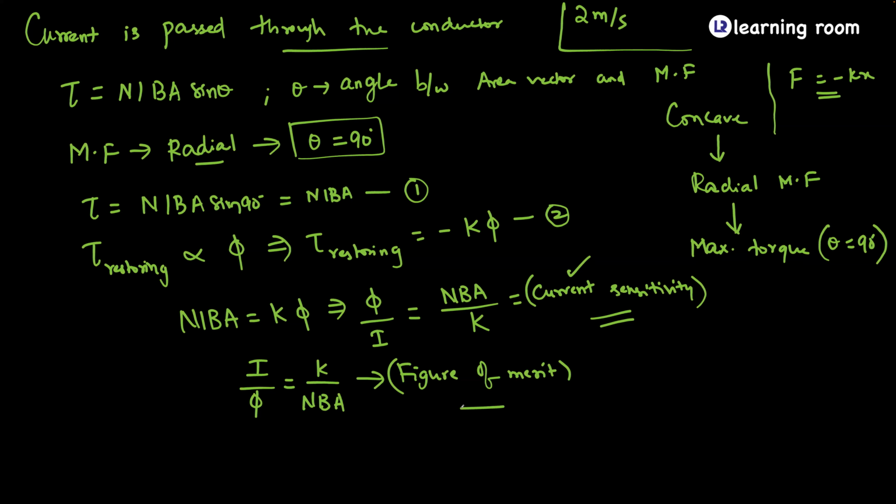But I'm not concerned about the mathematical expression. I need to understand why exactly we need this. What the figure of merit exactly tells you is the reverse of it. Listen to this very carefully. There is a slight difference between them. So what does current sensitivity tell? You pass 1 unit of current, you can calculate how much deflection is experienced.